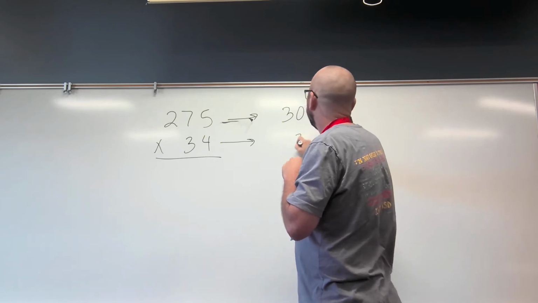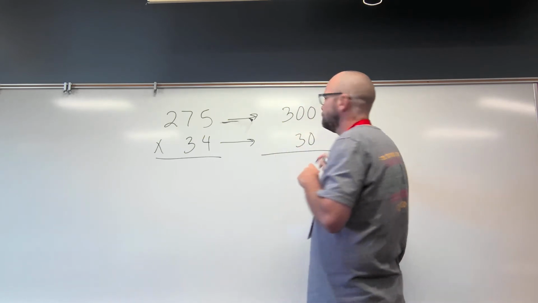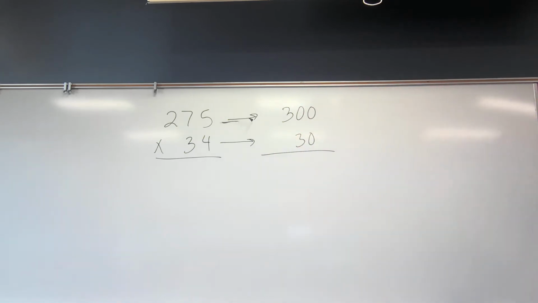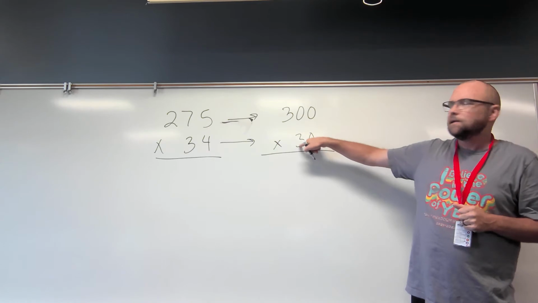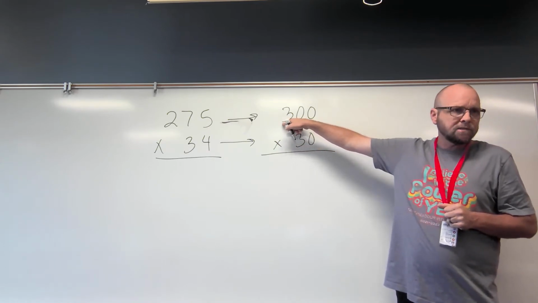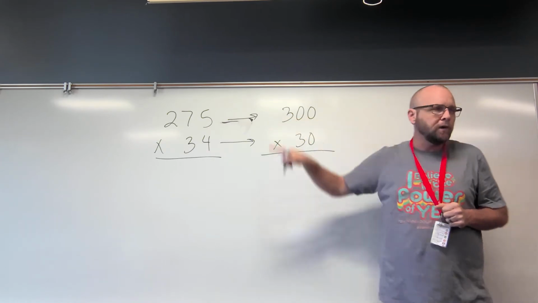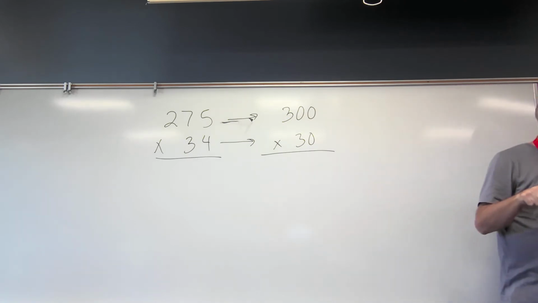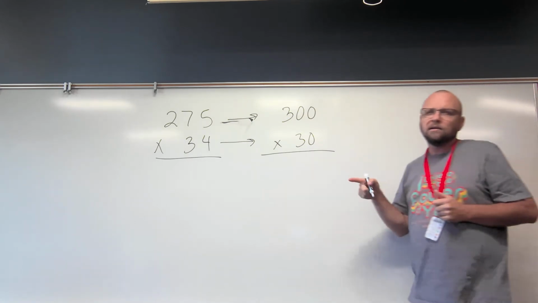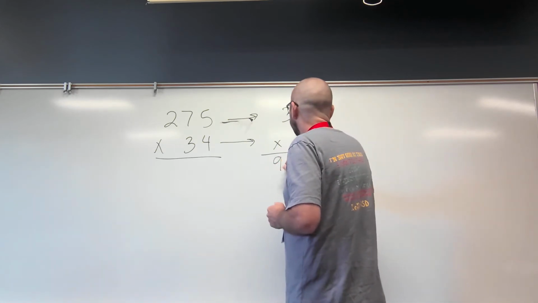Let's change 34 to 30. Now, if we multiply these two, I have 3 tens times 3 hundreds, which is going to give me what? 9,000.